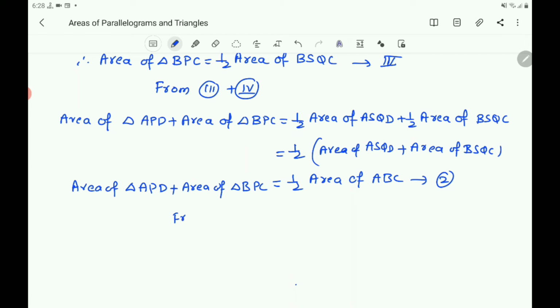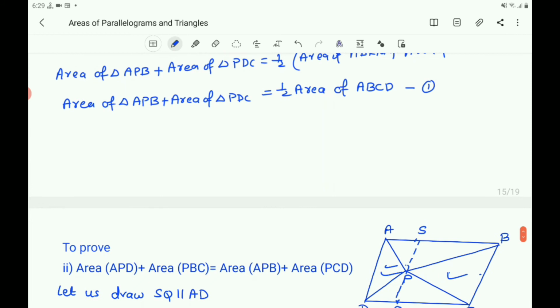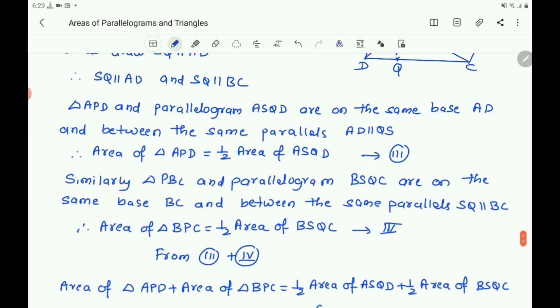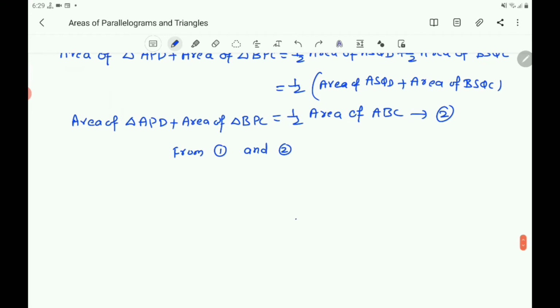So from first and second, the RHS are equal: this area is equal to half area of ABCD, and here also this area is equal to half area of ABCD. As RHS are equal, LHS must be equal.